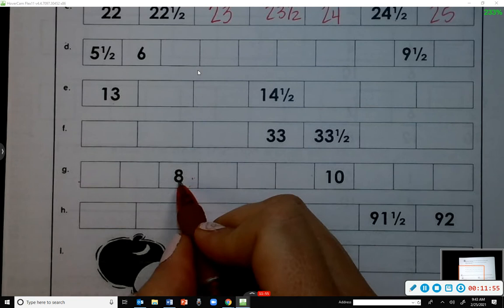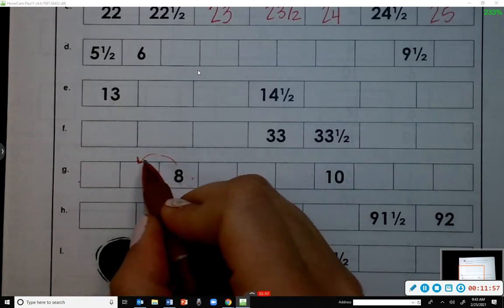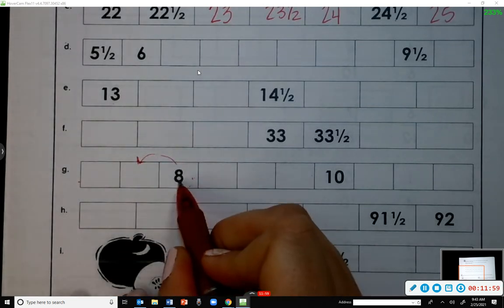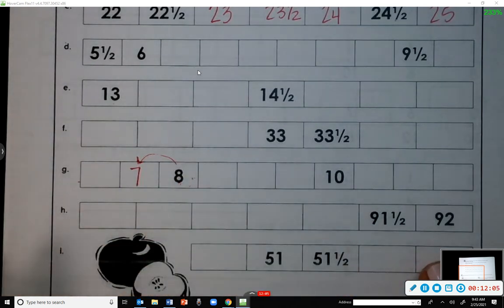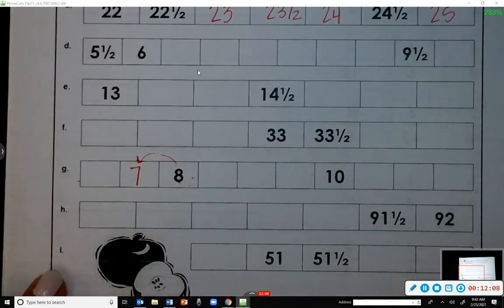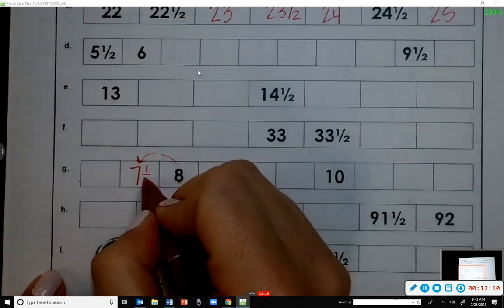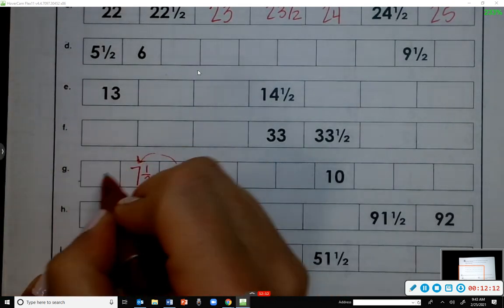Okay, so if I were to go backwards, I would have to have a lower number, right? So what comes before 8? 7. But I can't just put 7 there. 7.5. Good, so 7.5. And then 7.